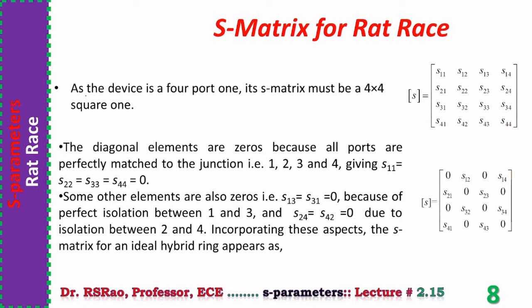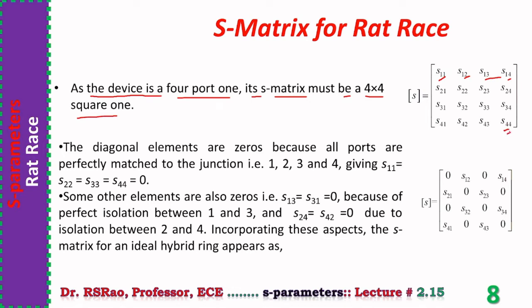As is the case with any circuit or device, the starting point in the procedure is finding the order of the matrix. Order of the matrix depends upon number of ports in the device. As the device is a 4-port one, its S matrix must be a 4 by 4 square one. Let it be S11, S12, S13, S14, etc. Ultimately, last element is S44.